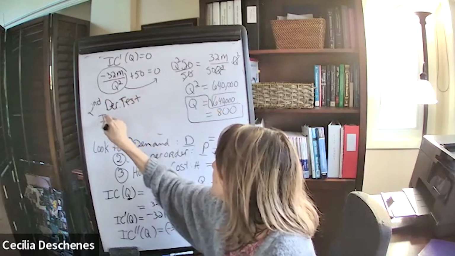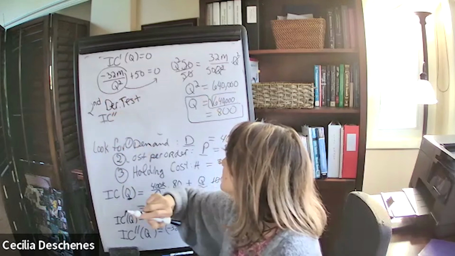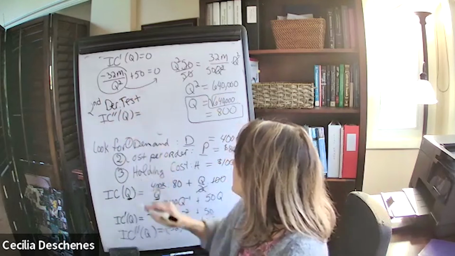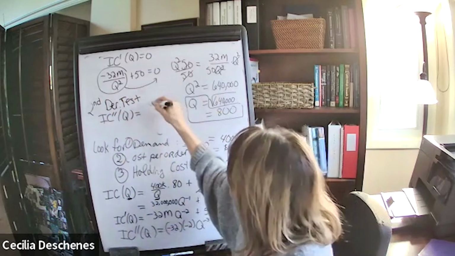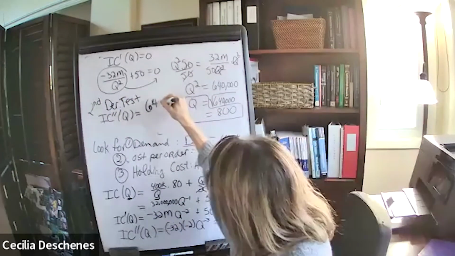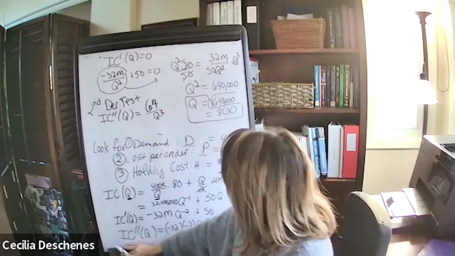The second derivative of the inventory costs at Q is equal to 64 over Q cubed. I'm just recopying it right here so we have it.